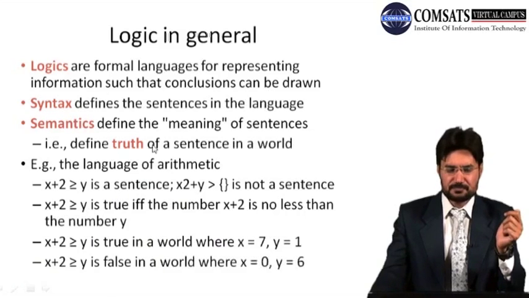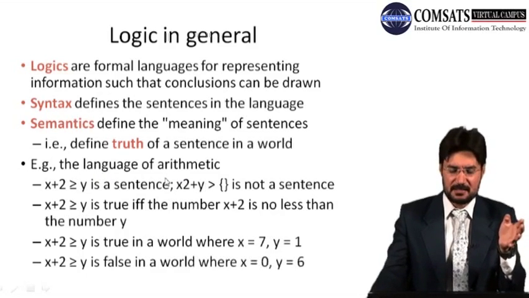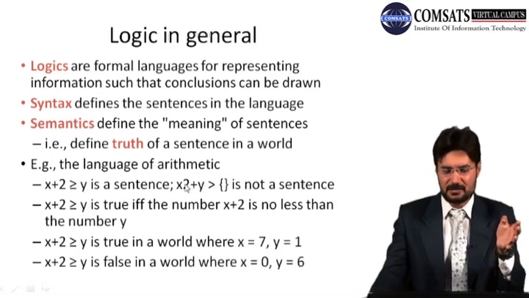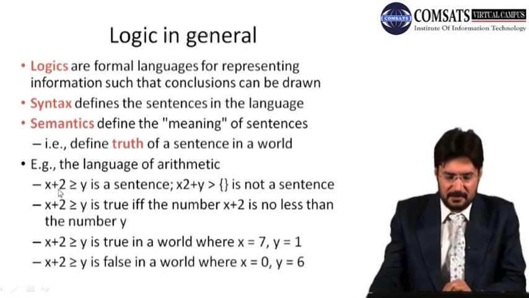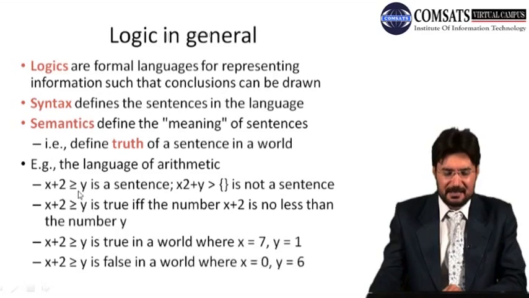तो इस तरह हम लॉजिक को जनरल फॉर्म में भी अंडरस्टैंड कर रहे थे. फिर हमने ये देखने की कोशिश की कि द लैंग्वेज को इन अरिथमेटिक वे में अगर हम अंडरस्टैंड करें तो वो बहुत ईजी होता है. जिस तरह हम यहाँ देखते हैं कि x+2 is greater than or equal to y is a sentence.